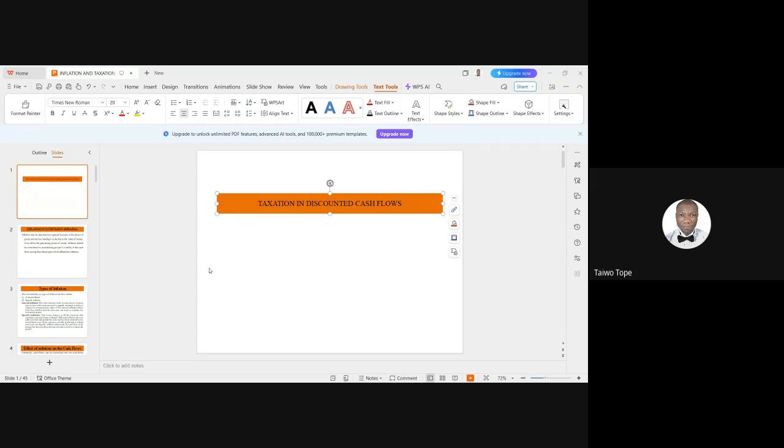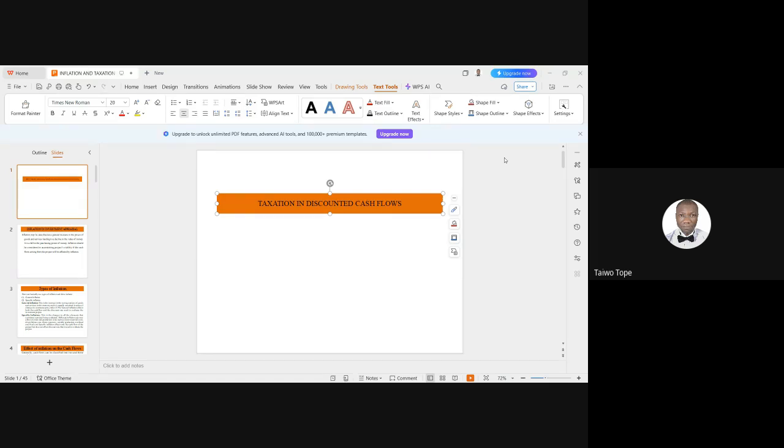Now, when we talk about capital allowance, instead of saying depreciation, in tax we refer to it as what? Capital allowance. So this capital allowance is an allowance granted to companies for incurring what?